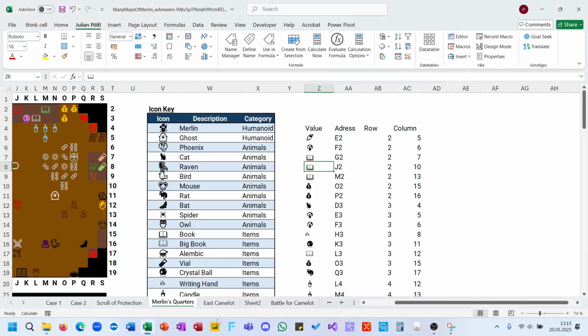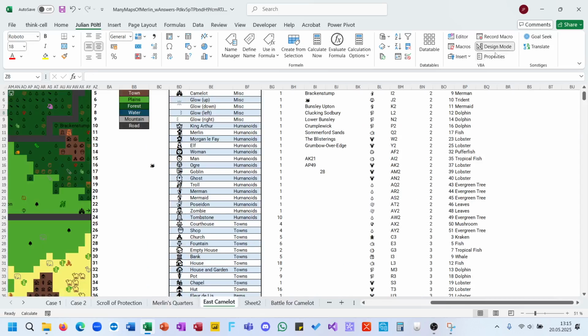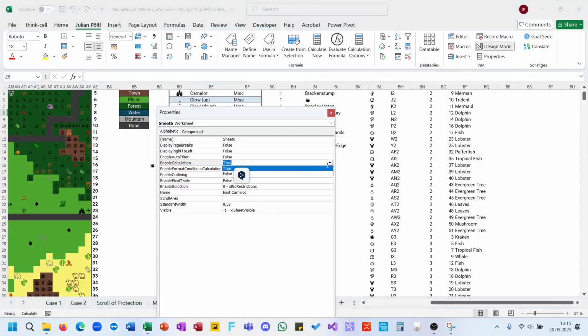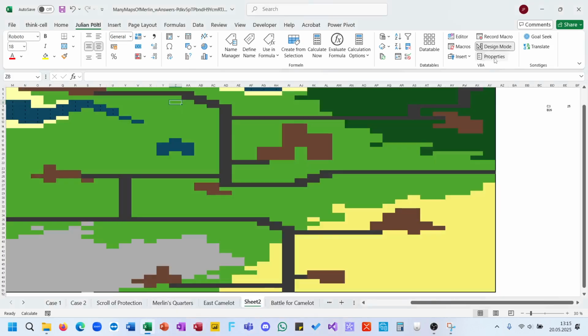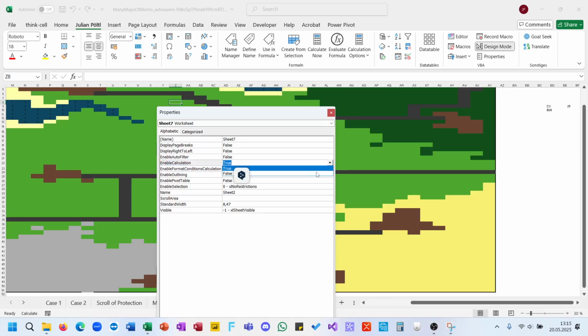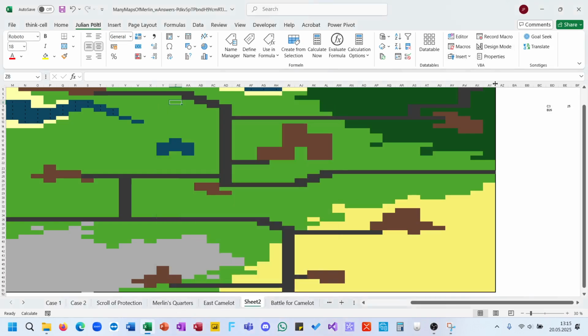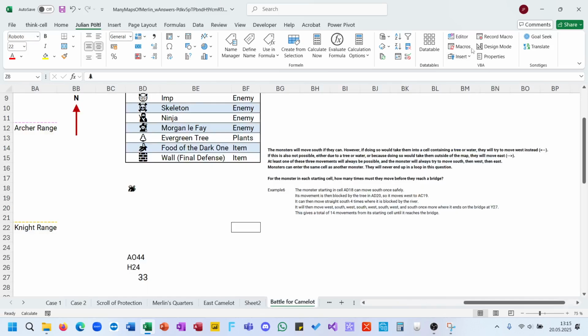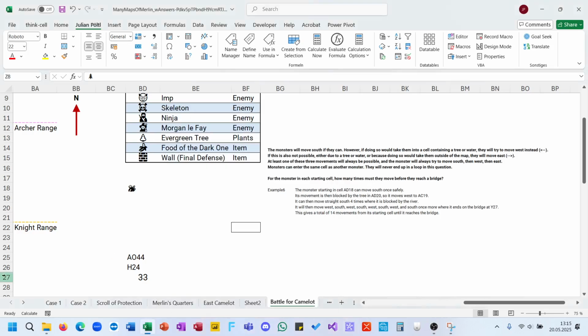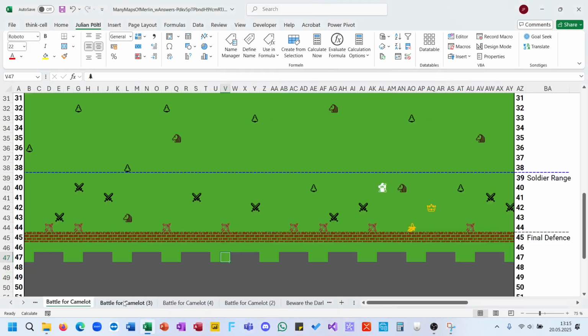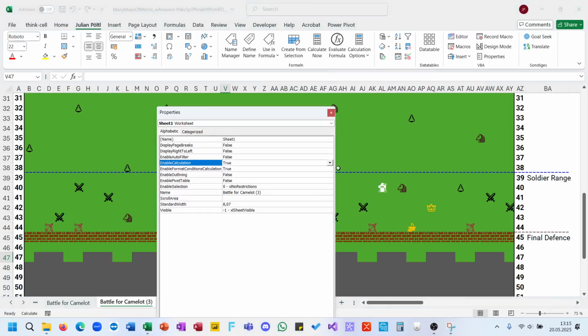It's turned off. Turned off. Turned off. Turned off. Turned off.